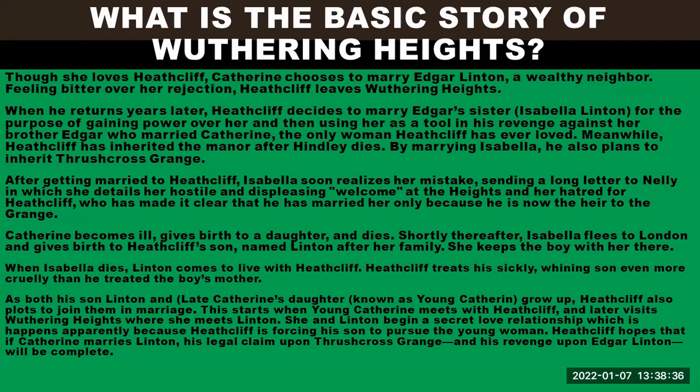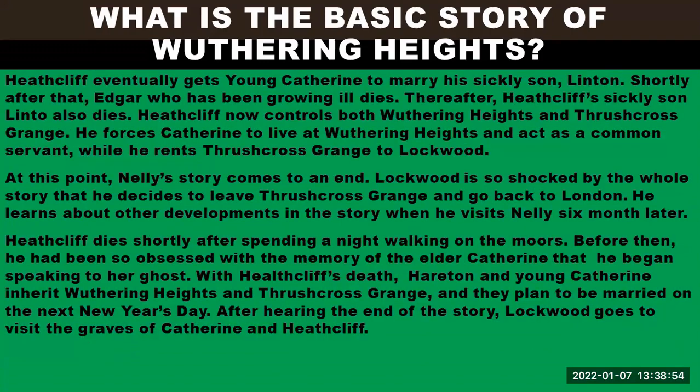Now, Heathcliff hopes that if Catherine marries Linton, his legal claim over Thrushcross Grange will become a reality. And don't forget too that he has been looking for every possible way to get back at Edgar Linton. So all these are part of Heathcliff's plans and intentions.